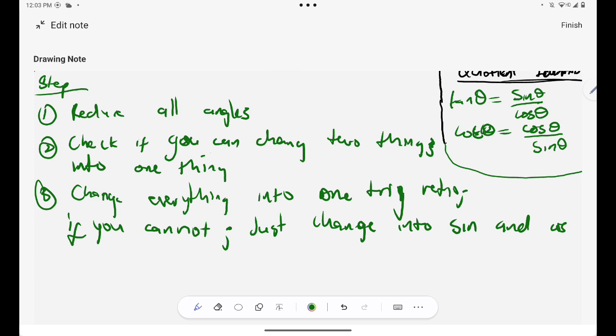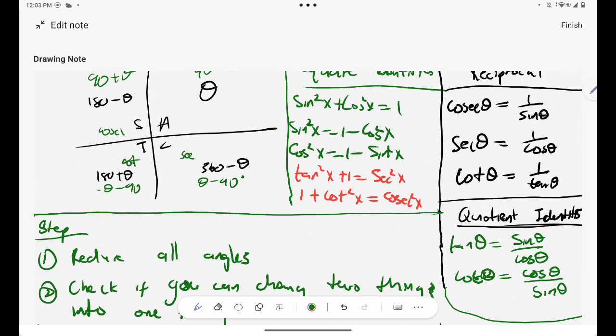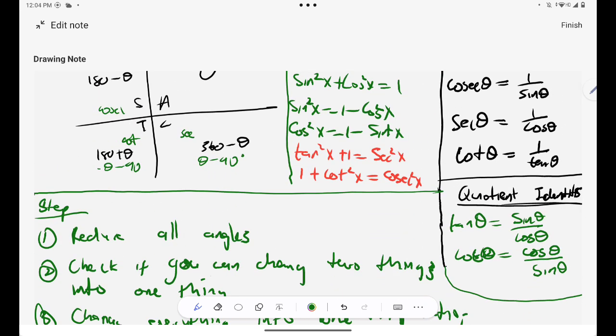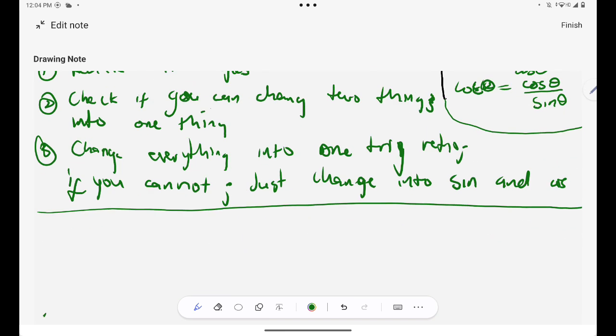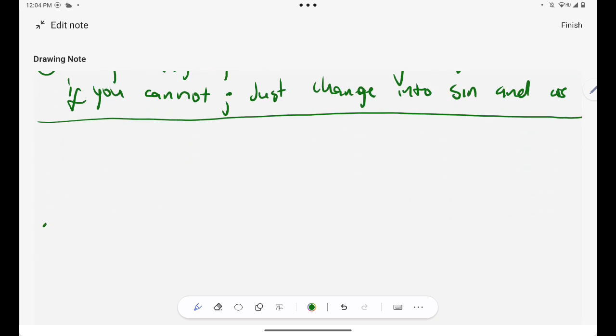So these are the steps that are important for simplifying. Here I was just recapping on what we spoke about in lesson number 28, which is the most important video you must listen to.